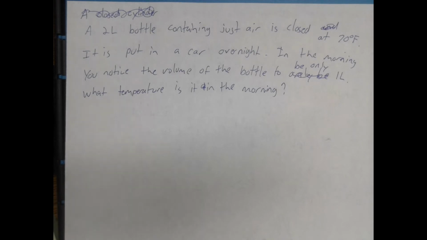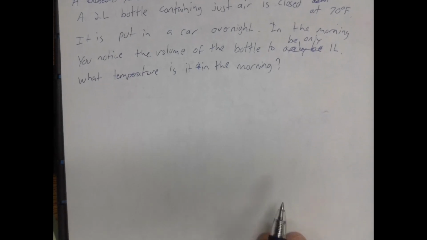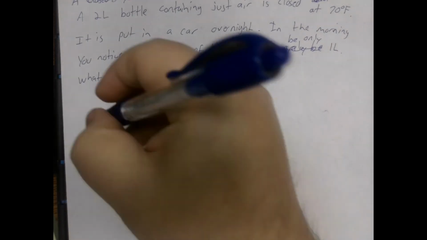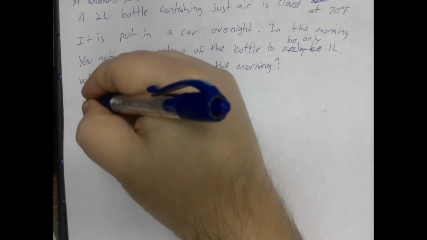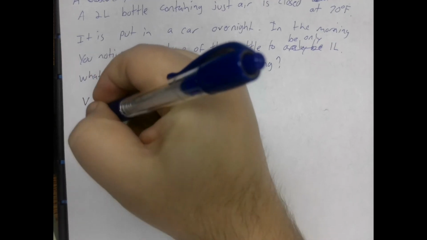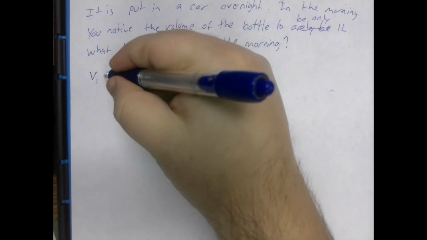So your guess is good, but your problem is you're using Fahrenheit. We don't use Fahrenheit in this class. So you're right, the volume decreased by 2. The temperature must decrease by 2. Yes. So your intuition is good, it's just that you were using the wrong units.